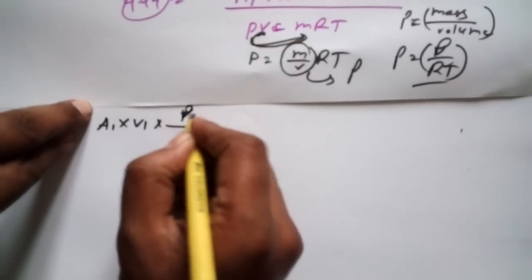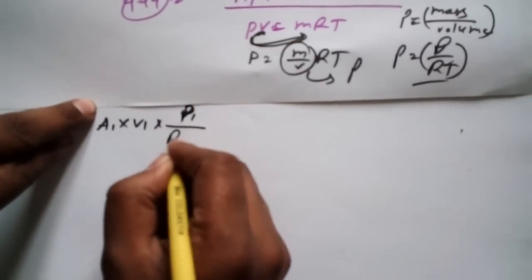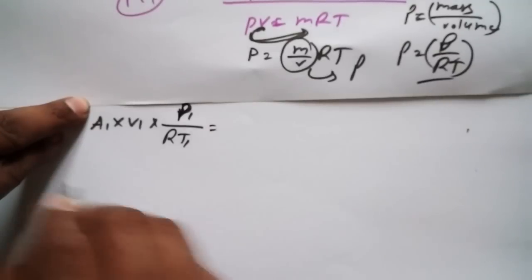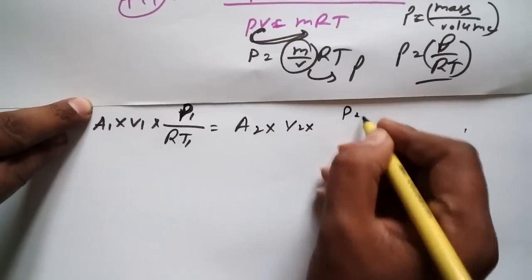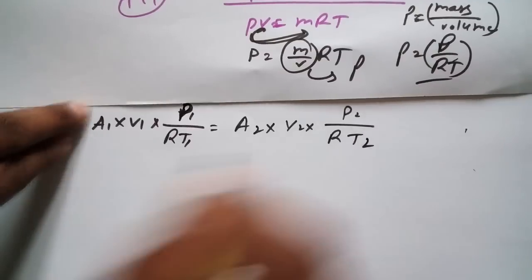So P1 by RT1 is equal to A2 into V2 into P2 by RT2.